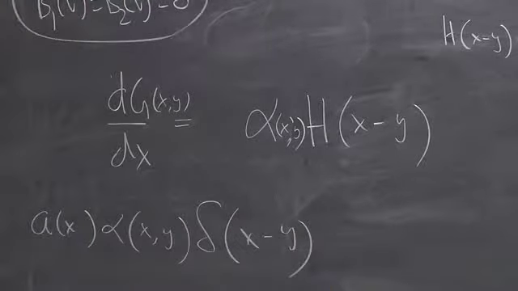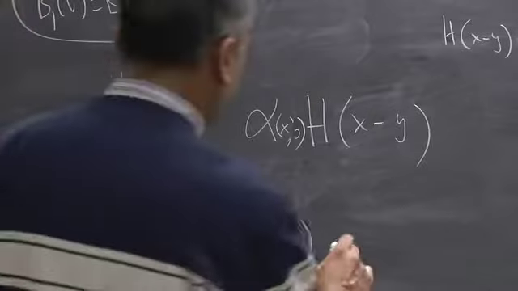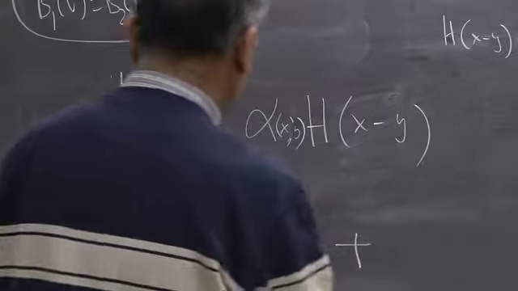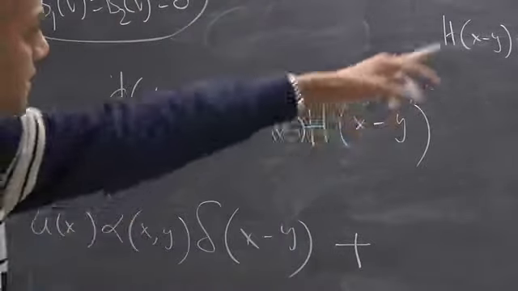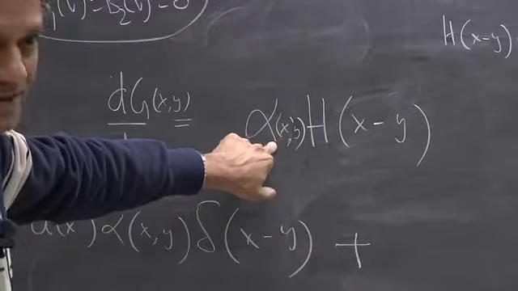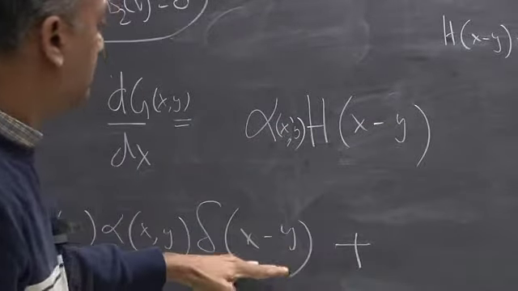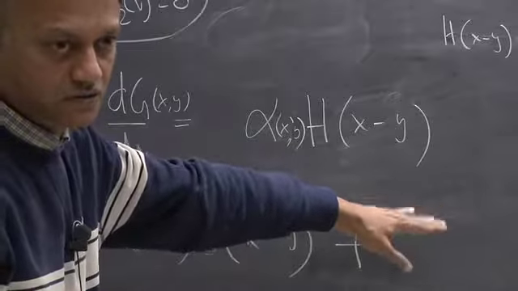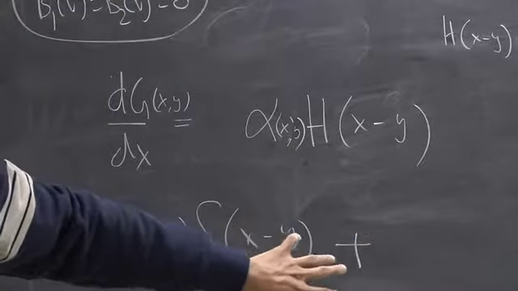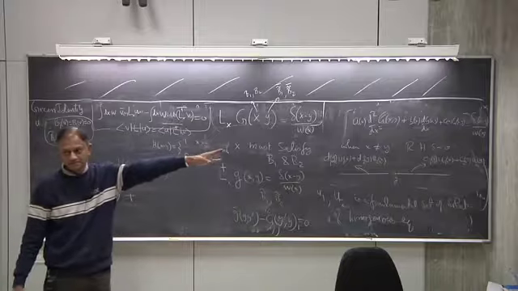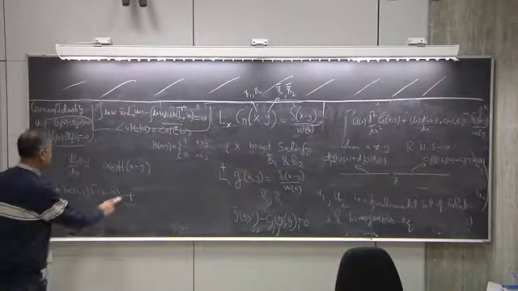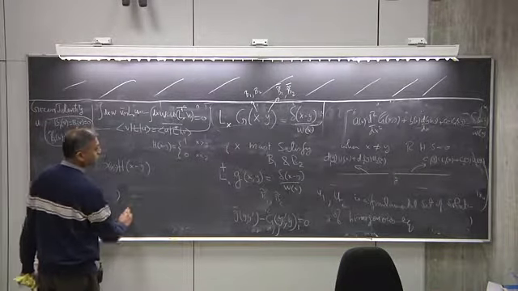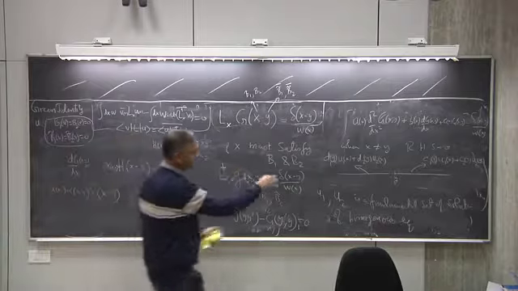Plus, as I said, the d by dx can also act there, but that is not a Dirac delta function, it's just a step function. So I'm looking at the coefficient of the Dirac delta function to match it with the right hand side. None of the other things give you a delta function.